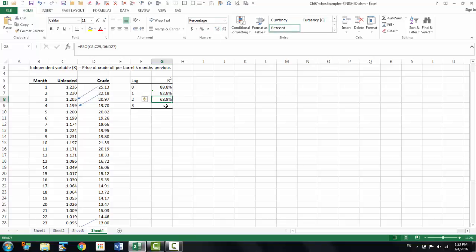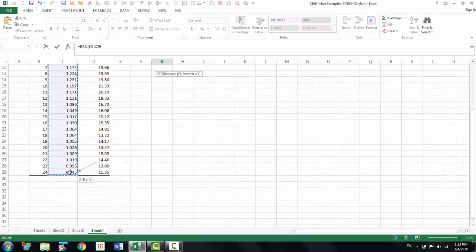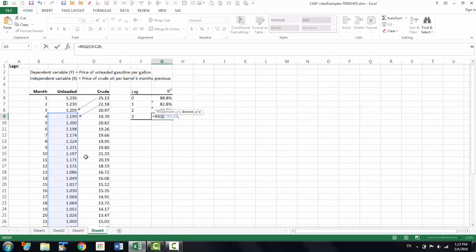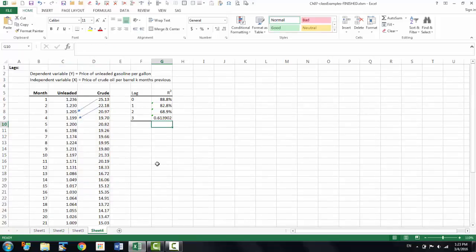And similarly, lag of 3 will be RSQ. For the Y values, you leave 3 periods off, and for the X column you leave the last 3 periods off, and that will then have an effect of lag of 3. So now when you compare the fit measures, you see that no lag is the best in this particular case.